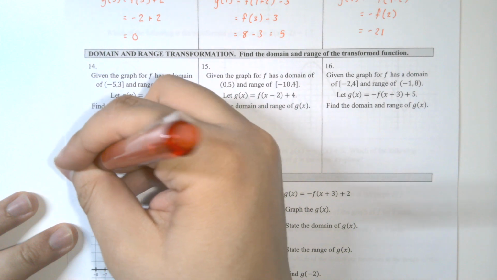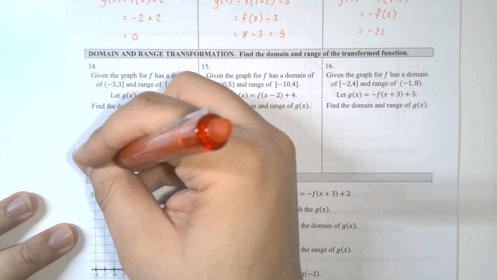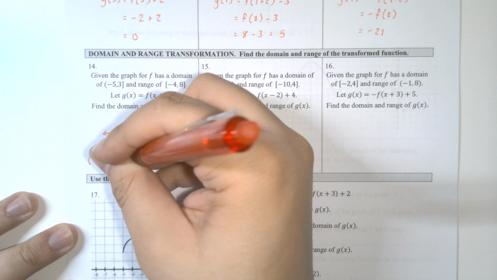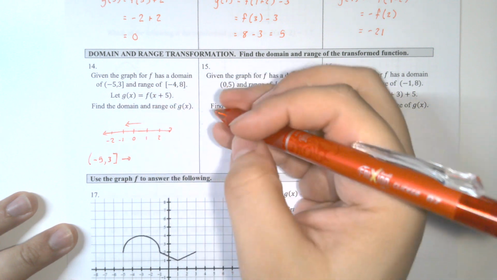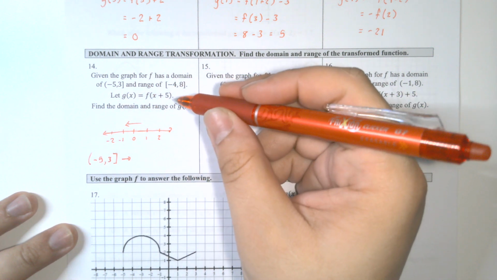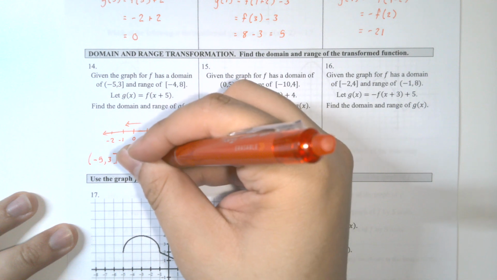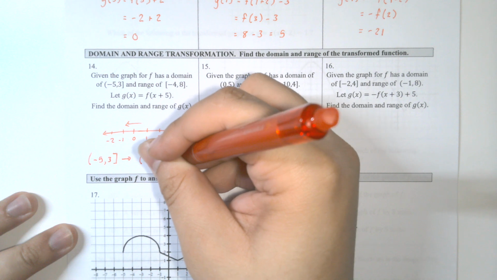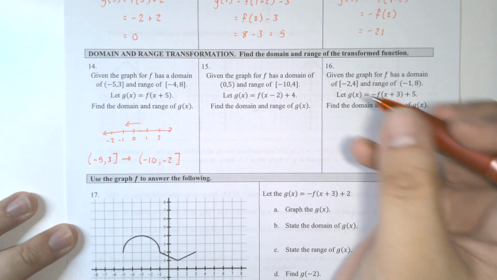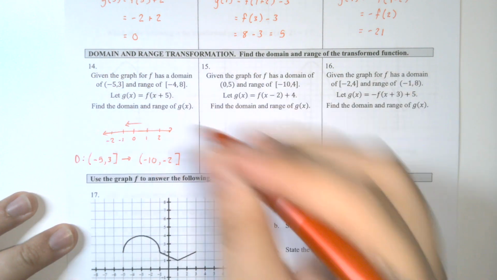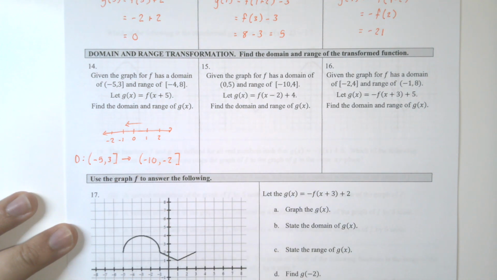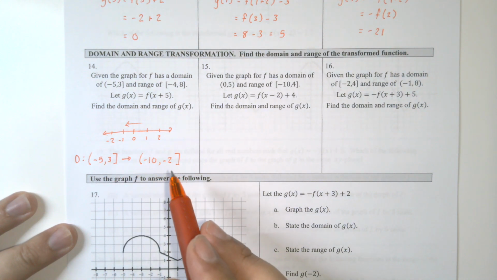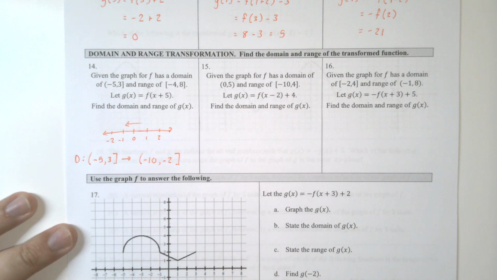So our domain is going to go from negative 5 to 3. If we subtract 5 from all of the values, that's going to be a new domain of negative 10 to negative 2. So this is our new domain. So negative 10 to 2, not including negative 10.